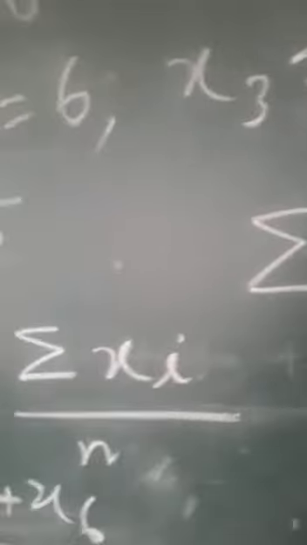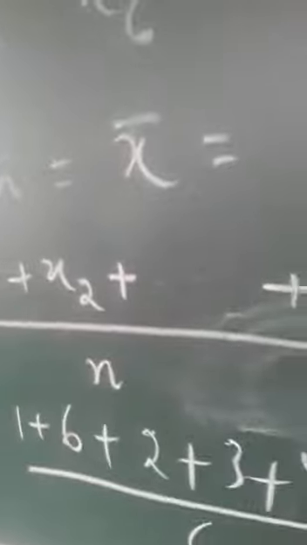Its meaning is to find the sum of all the terms lying inside it. Since xi is written over here, it means we have to find the sum of all x.